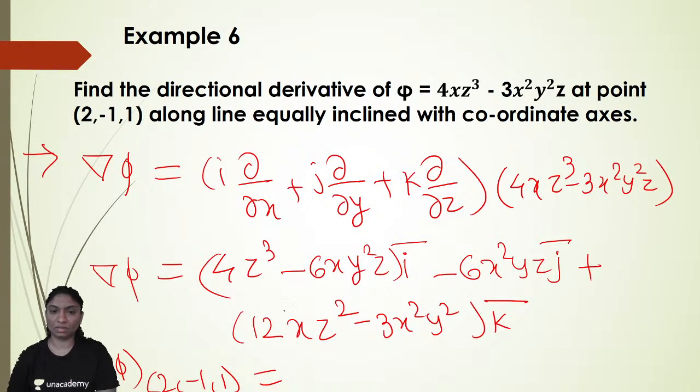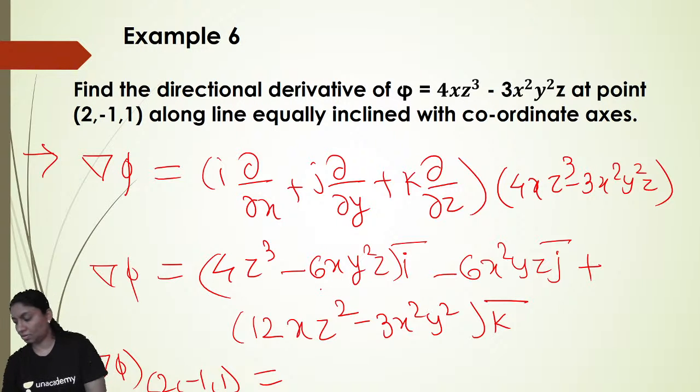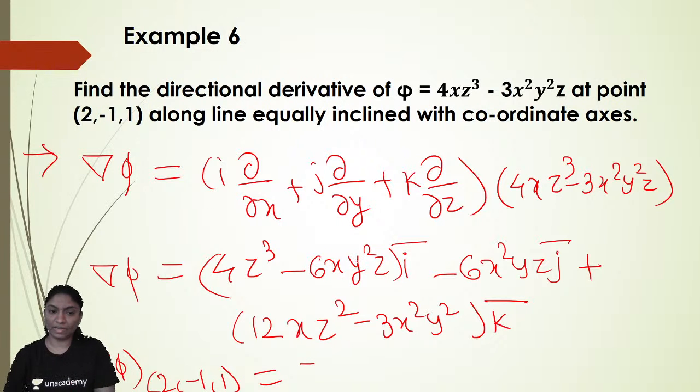Directly, 4z cube is 4, x is 2, y square is equal to 1: 12 plus 4 minus 8 i bar.